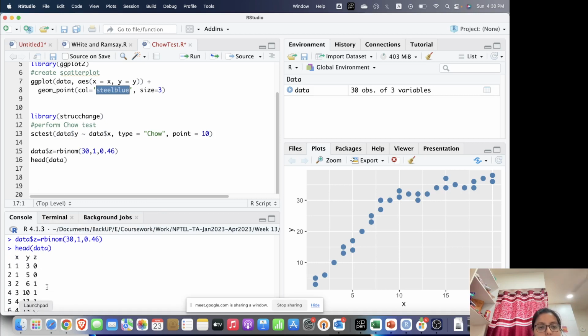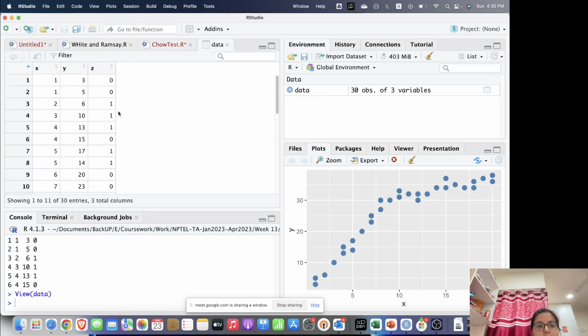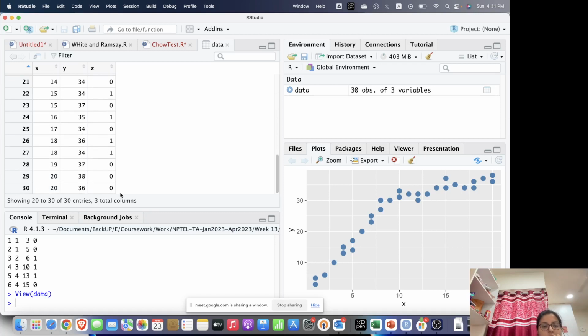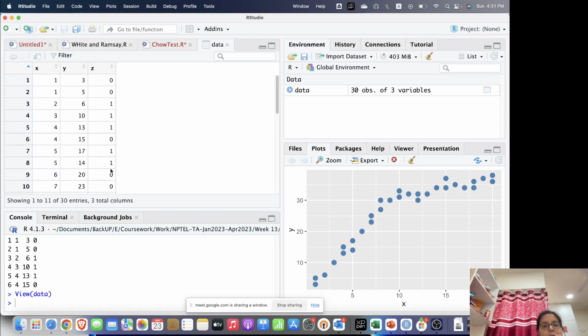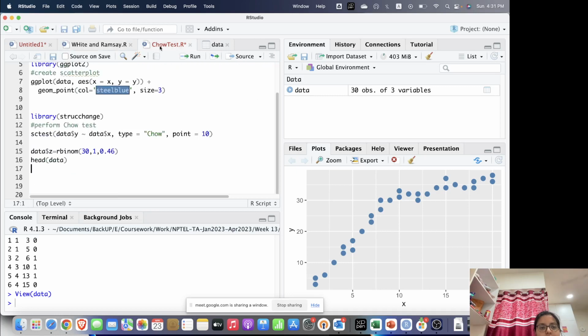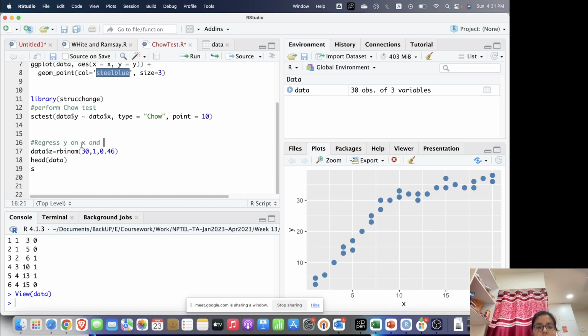So I have a 0101 variable. Let me look at the data here. I have 01010101, something like this. So this is my dummy variable. Let's say I want to regress y on x and z.